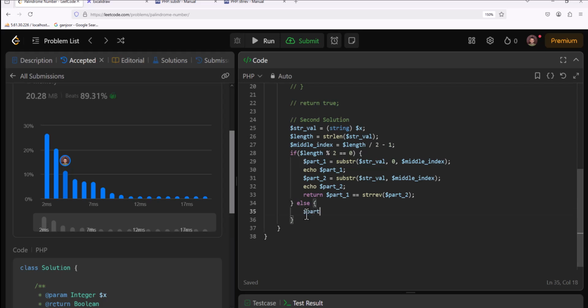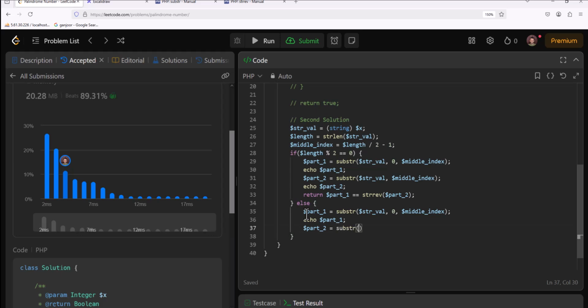Part 1 would be, I'm not sure about this, but I'm sure that middle index, and I hope these echoes worked, because they will help us.